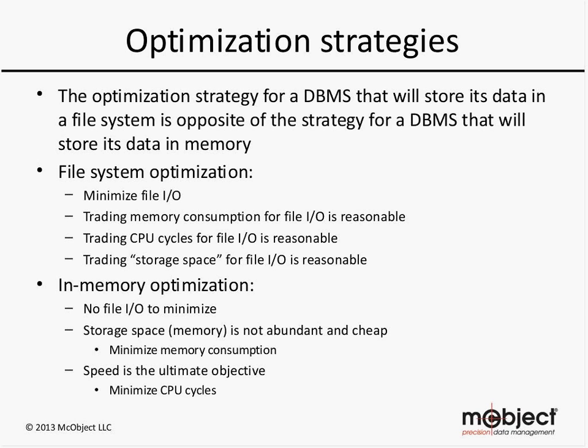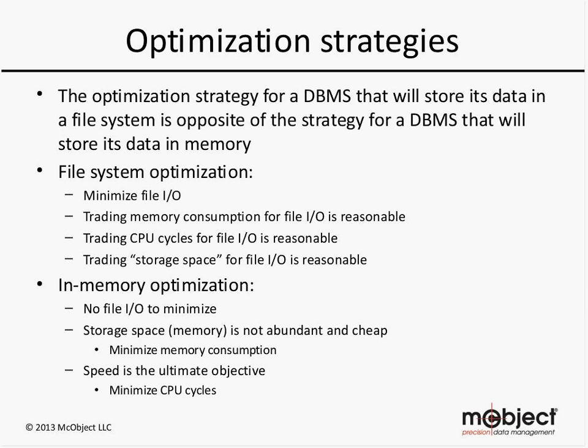So improvements that database system developers can make in the area of avoiding file I/O are going to outstrip improvements in any other area by a very wide margin. So not surprisingly, minimizing file I/O is the major focus of optimization for conventional database systems. In fact, executing CPU instructions and accessing RAM are so much faster than file I/O that it's a very reasonable trade-off to use more CPU cycles and use more RAM if doing that helps you avoid file I/O.